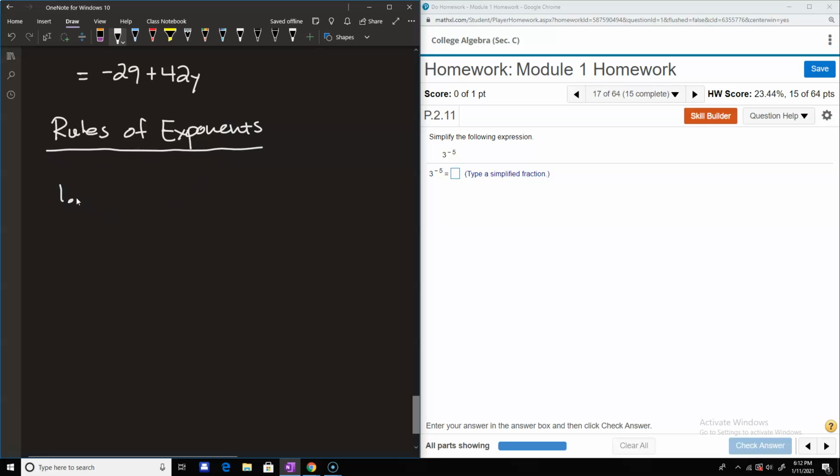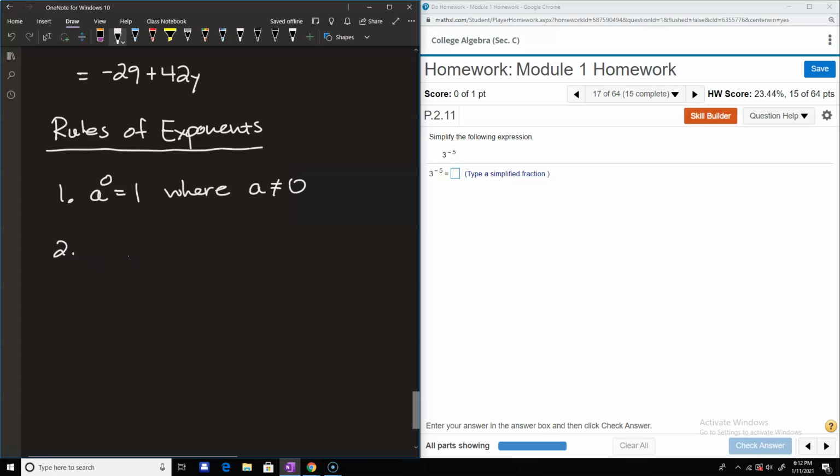So one of them, if you have a to the 0 power, this is equal to 1, where a is not equal to 0. 0 to the 0 power is an indeterminate form, so that would not evaluate to 1 necessarily.